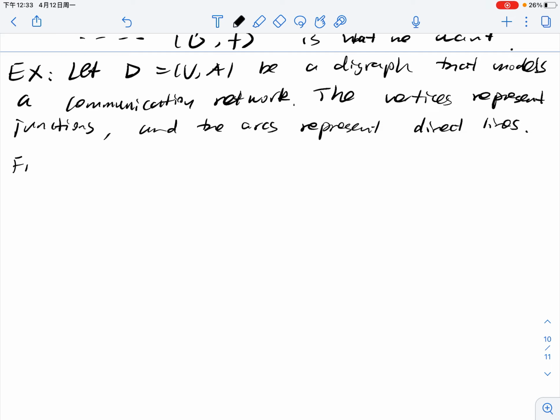And fix S and T, fixed junctions S and T.